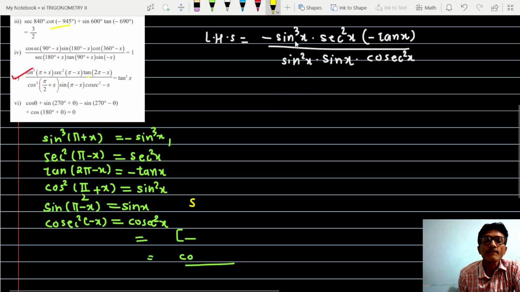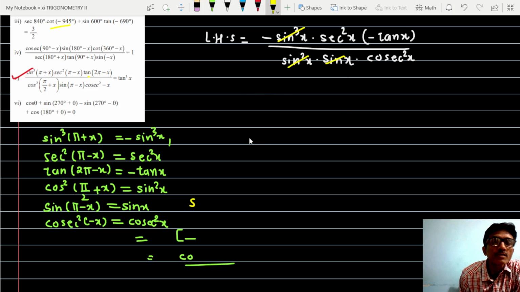Here this sin cube x and this sin cube x get cancelled. Then this minus sign and this minus sign will be a plus sign. So we have sec square x into tan x upon cosec square x.